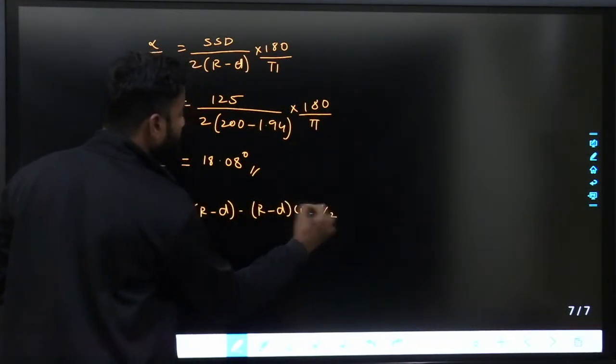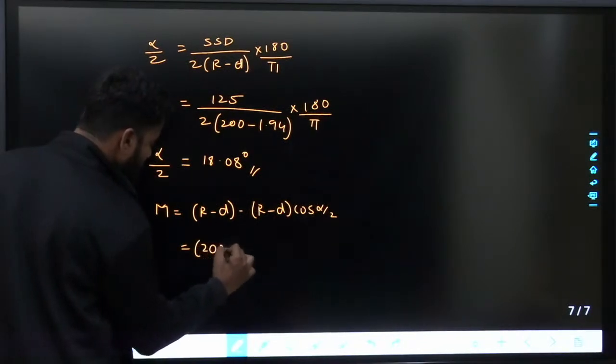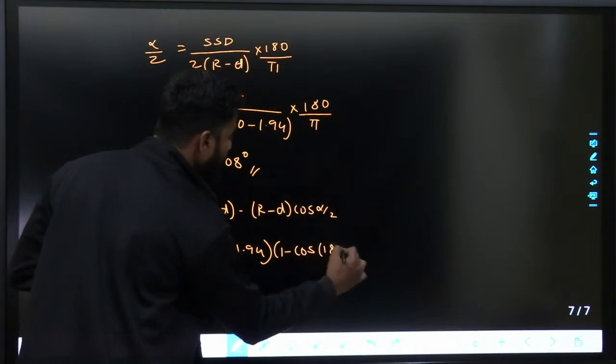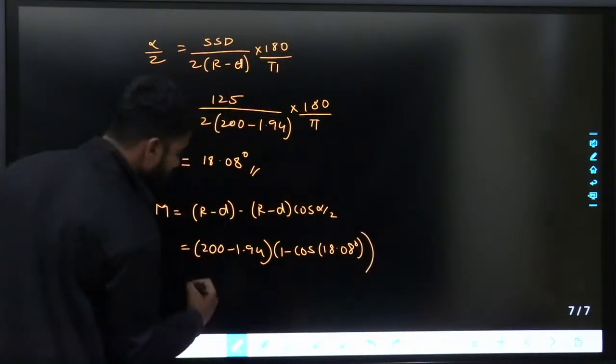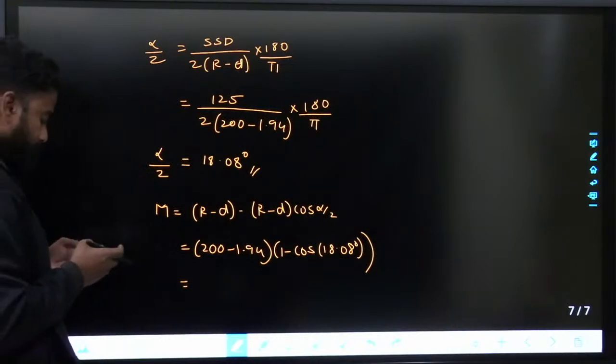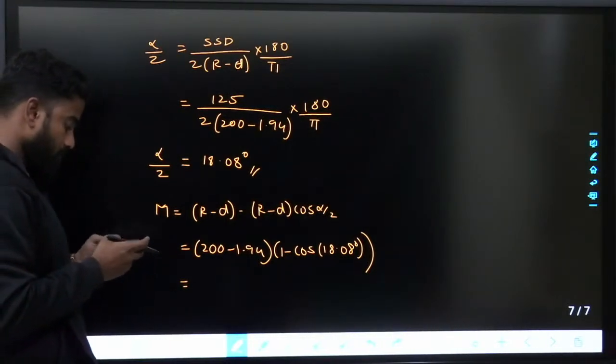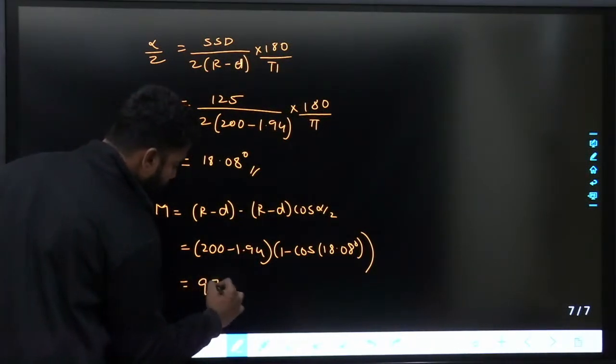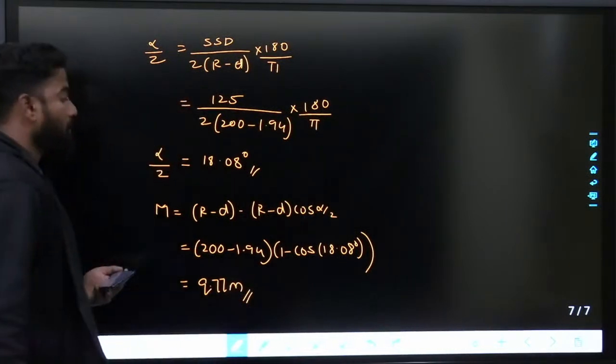Setback distance from the center line of inner lane they are asking means R minus D into 1 minus cos alpha by 2. So R minus D is 200 minus 1.94 multiplied with 1 minus cos 18.08 degrees. So the value is 9.77 meters.